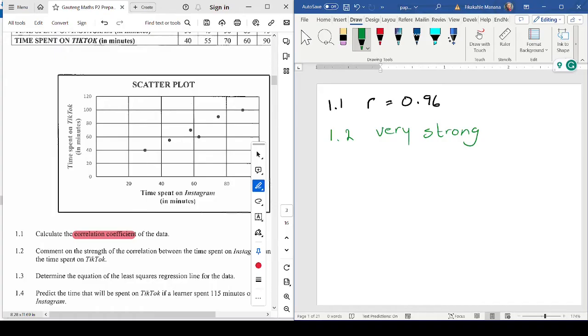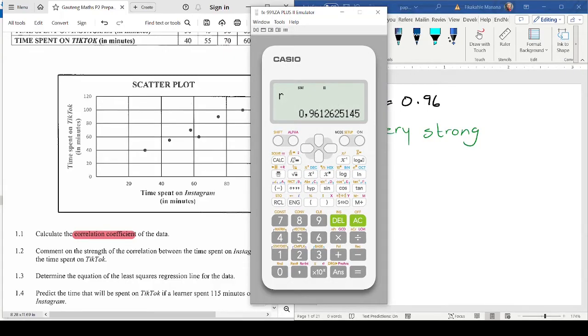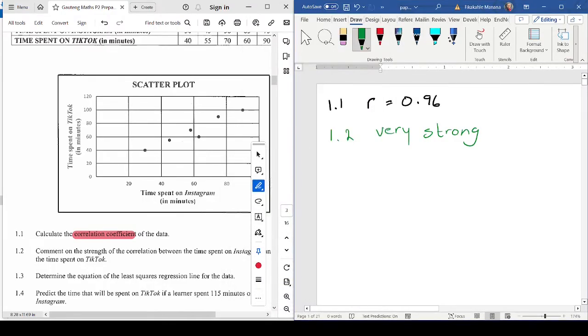Okay, and then 1.3, determine the equation of the least square regression line for the data. Okay, to get the least square regression line, I like to go to the calculator first. Remember when we were looking at the modes here, like mode stat 3, it actually gave us the equation that we chose for 2 variables.